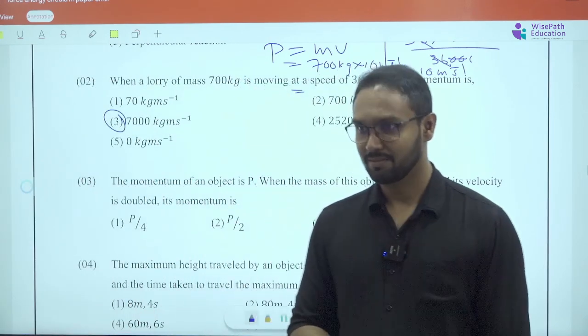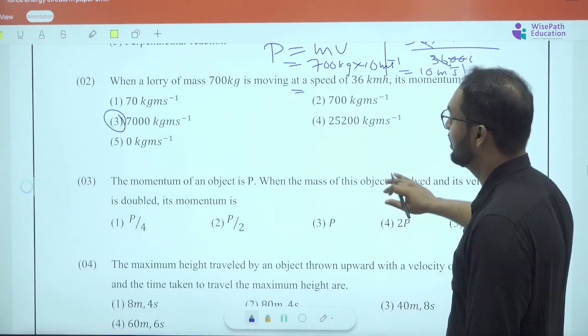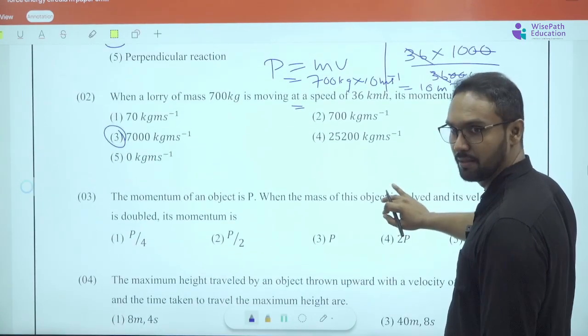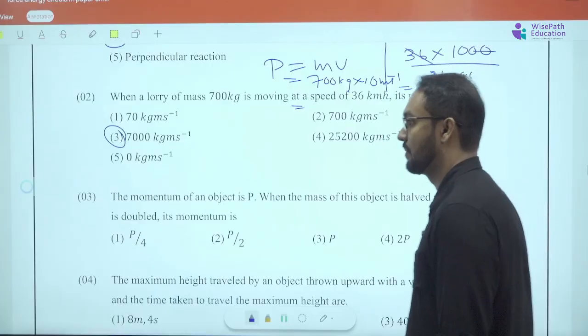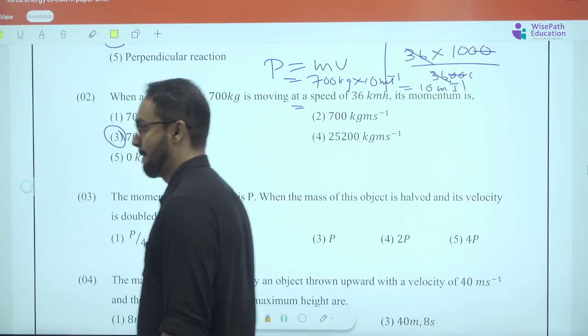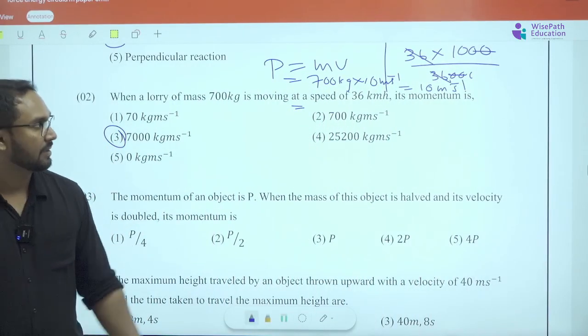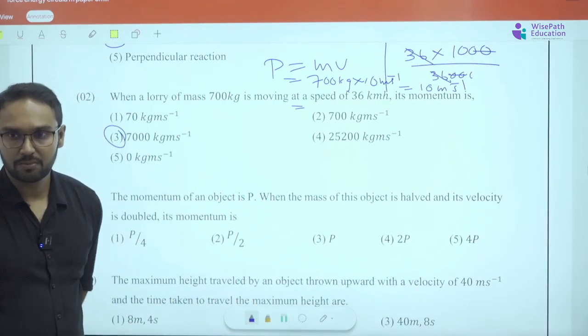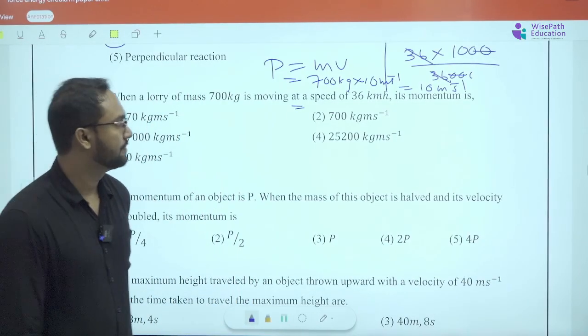Take a note if you want. I had to convert the kilometers per hour into meters per second to apply to the equation.